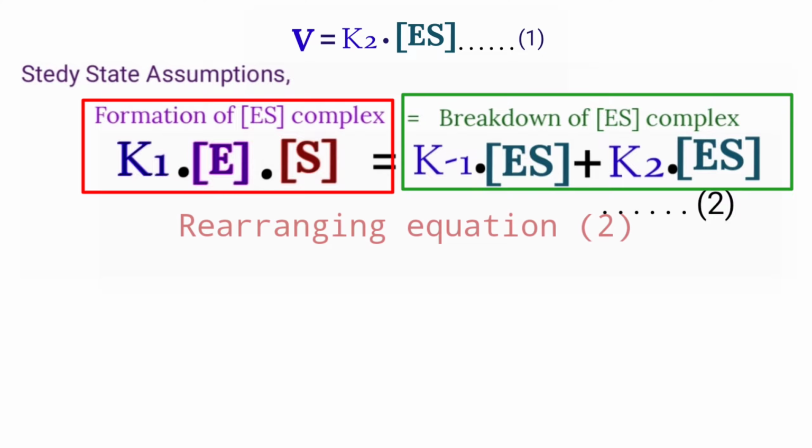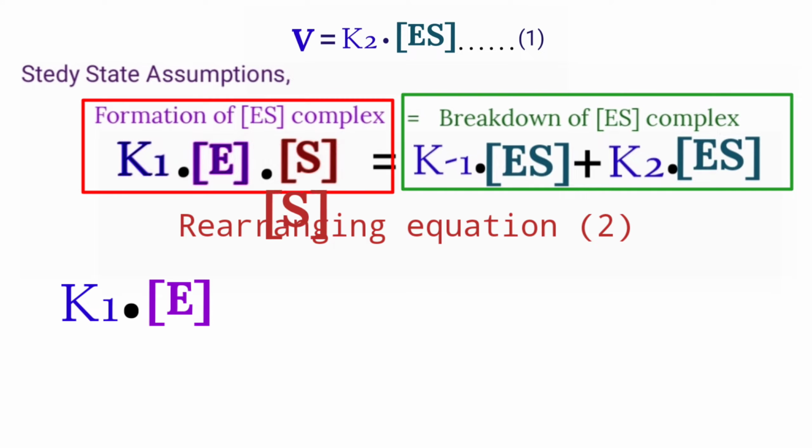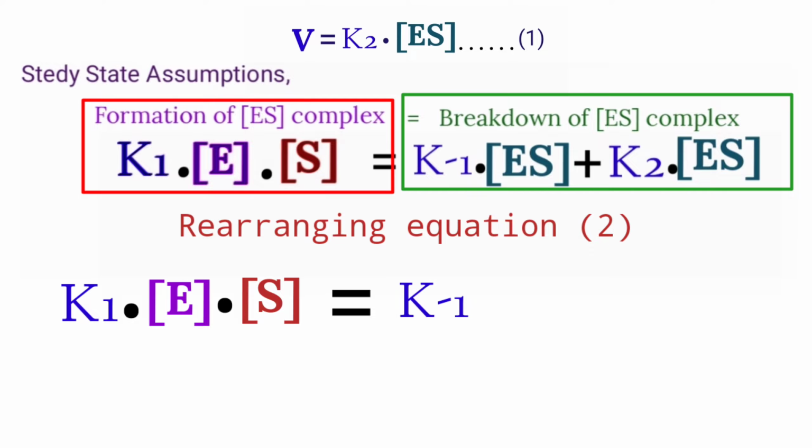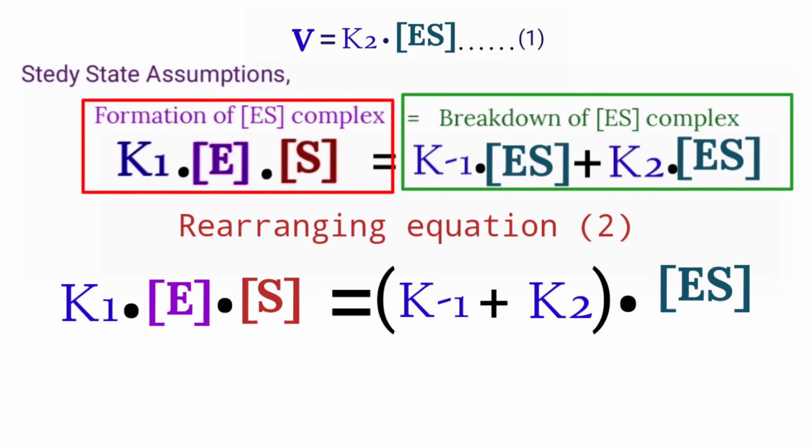So we can rewrite our second equation in the following manner. On the left hand side we are talking about formation of enzyme substrate complex using rate constant K1, that's why K1 into enzyme concentration into substrate concentration. And on the right hand side we are using rate constant K-1 plus K2 in brackets, which is multiplied by the enzyme substrate complex concentration.